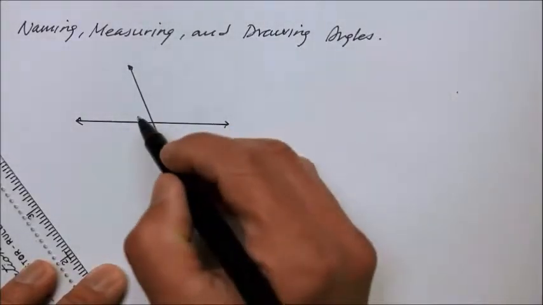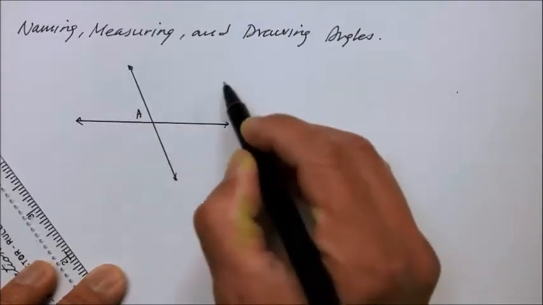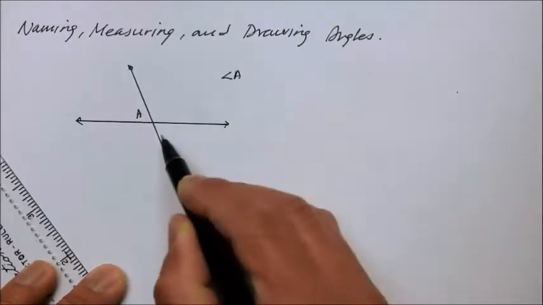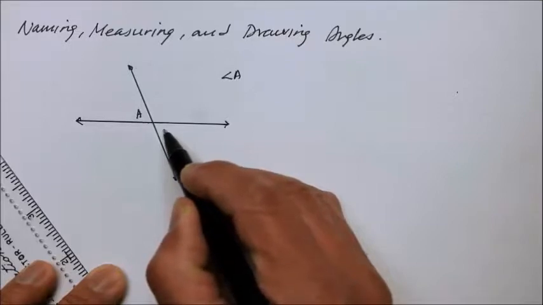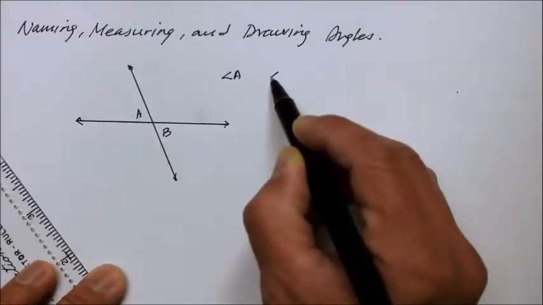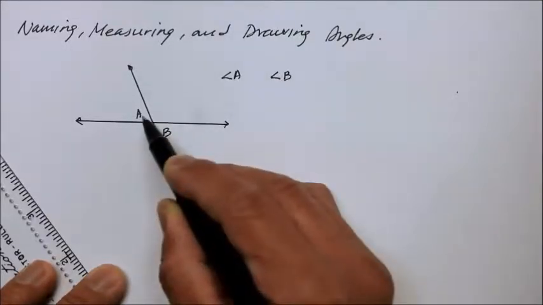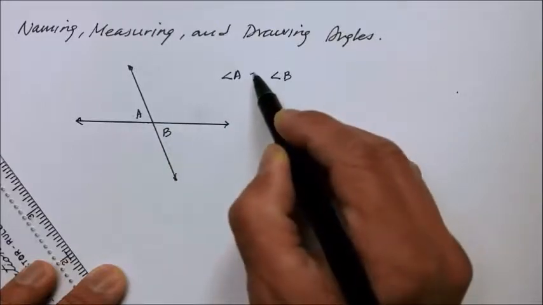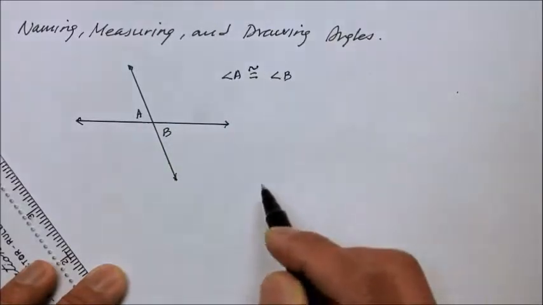For example, angle A is a vertical angle to angle B. And angle A, which is vertical to angle B, their angles will be congruent.